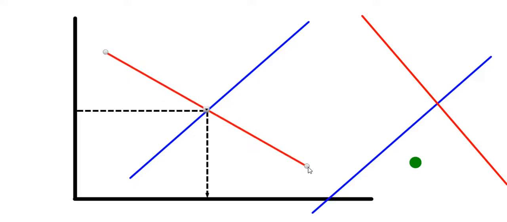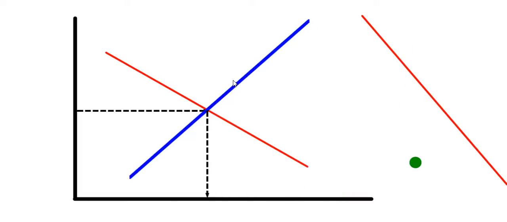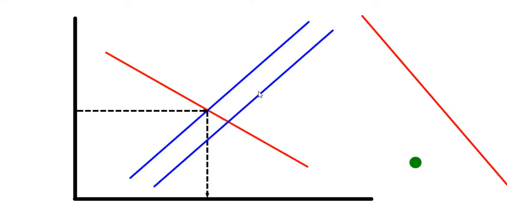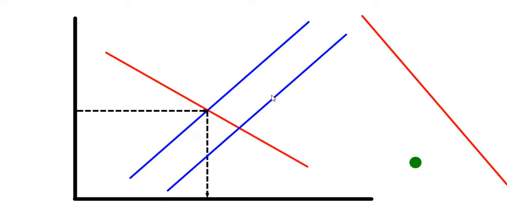So this is going to be the demand for bread. And then if we shift our supply curve to the right here, we can see that the more elastic this is, the less effect it's going to have on price, and the more effect it's going to have on quantity demanded and supplied.